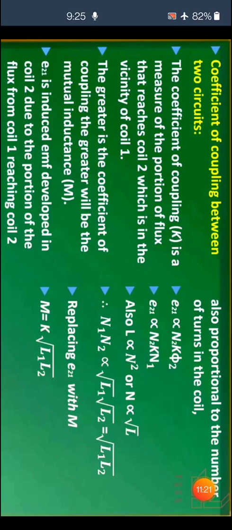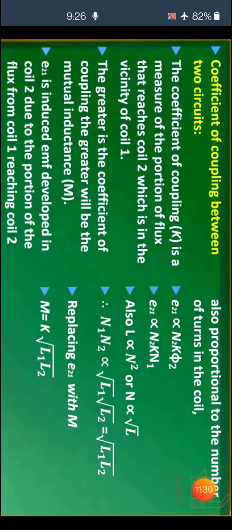The coefficient of coupling, that is capital K, is a measure of the portion of flux that reaches coil second within the vicinity of coil first.